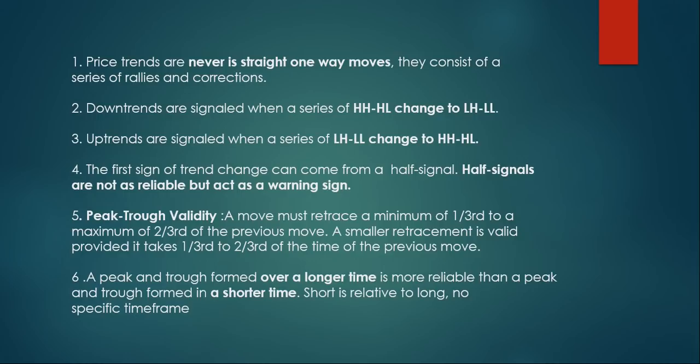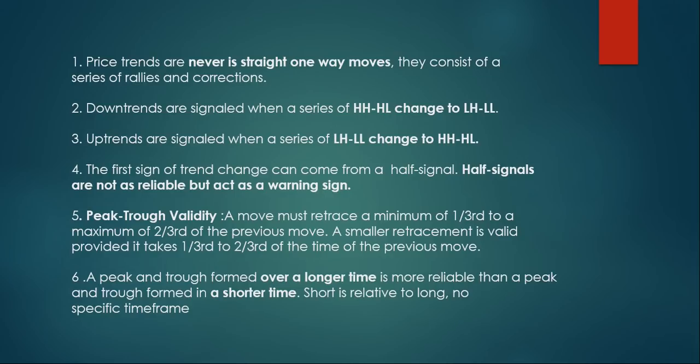Four, the first sign of a trend change can come from a half signal. I have explained half signal. Half signals are not as reliable but act as a warning sign. Five, peak trough validity. A move must retrace a minimum of 1/3 to a maximum of 2/3 of the previous move. A smaller retracement is valid provided it takes 1/3 to 2/3 of the time of the previous move.